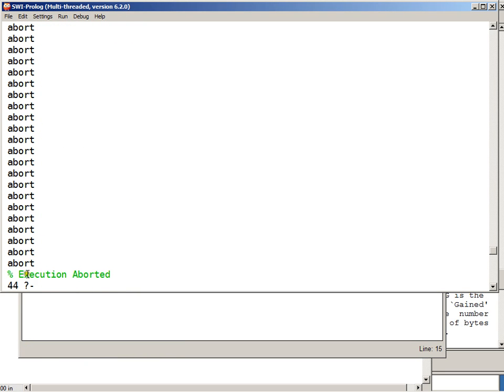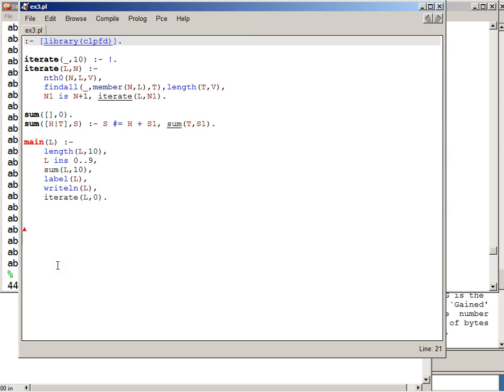So now let's reverse the list. Before the label or after the label?